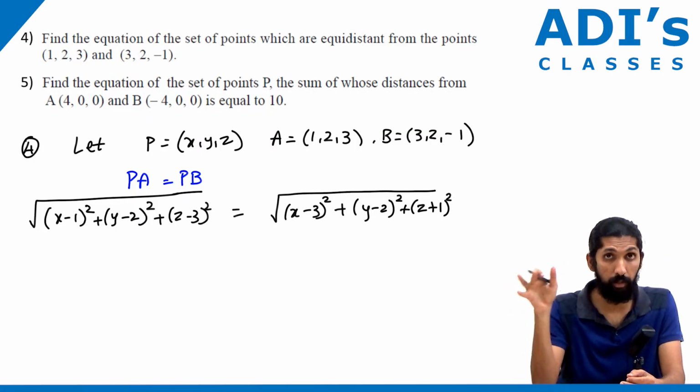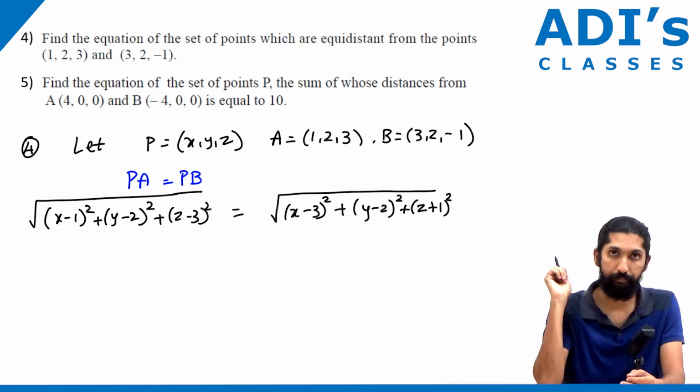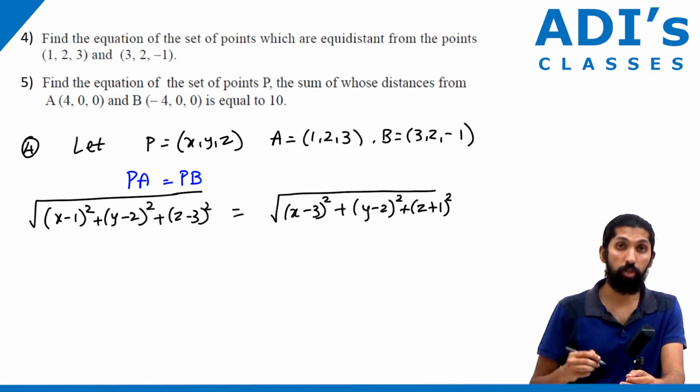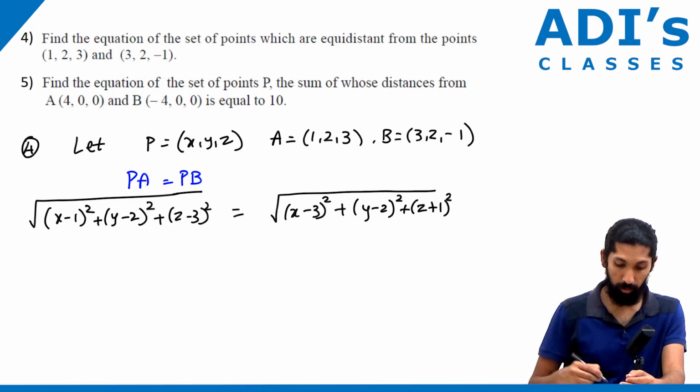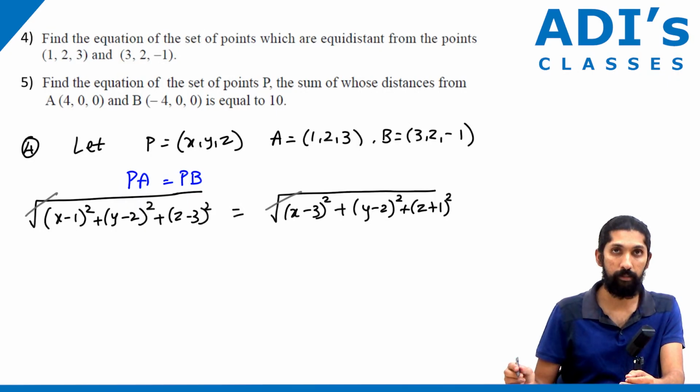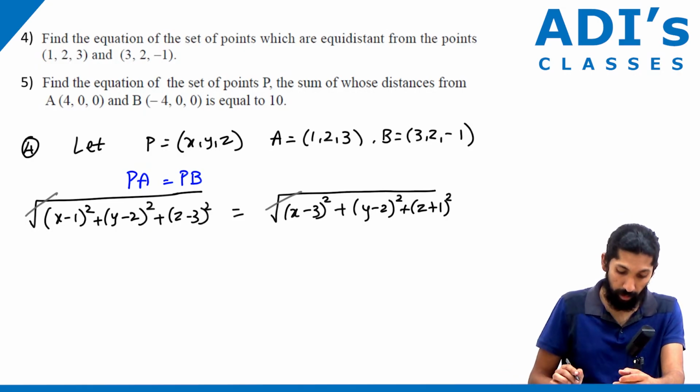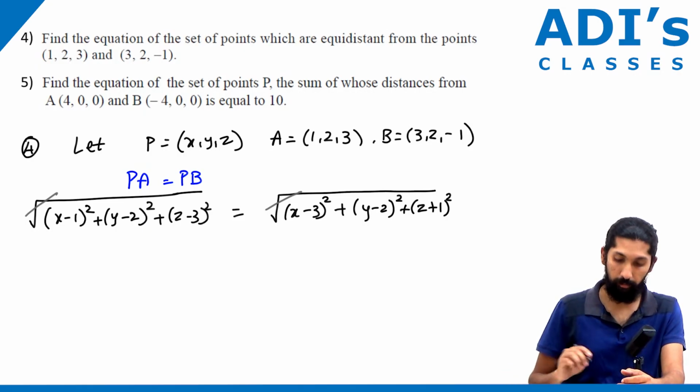Minus of minus 1 becomes plus 1. Correct? Now, squaring on both the sides. If you square on both the sides, the square root and square root get cancelled. Isn't it? So, what do we have? Just x minus 1 whole square, y minus 2 whole square.